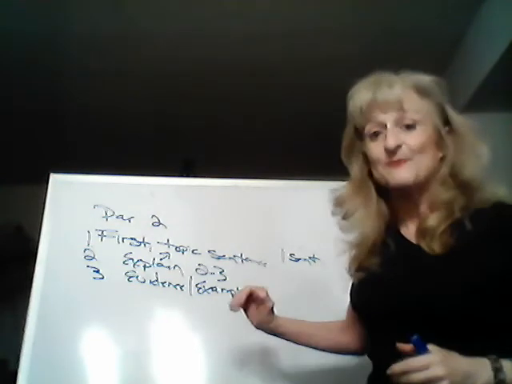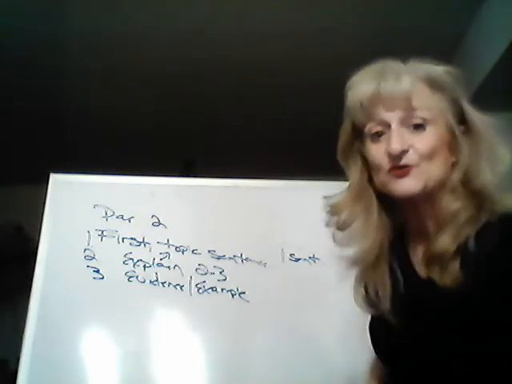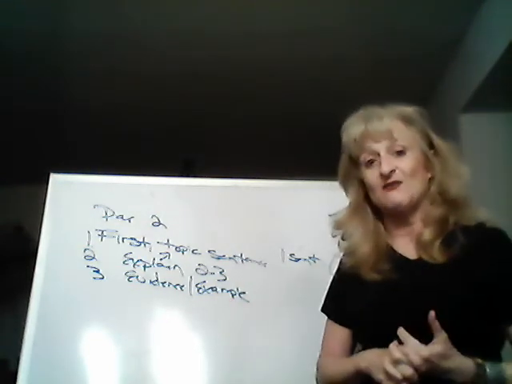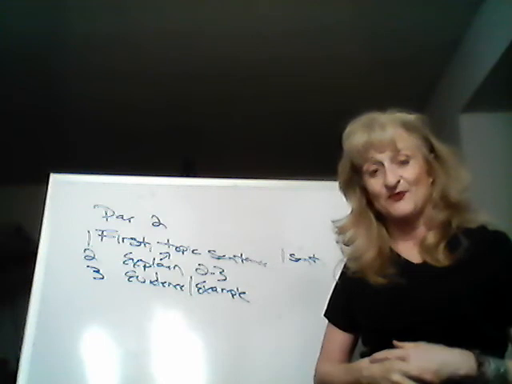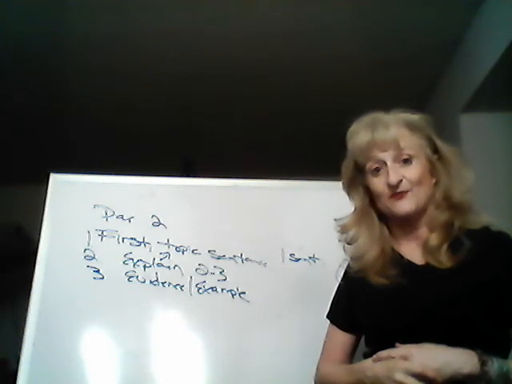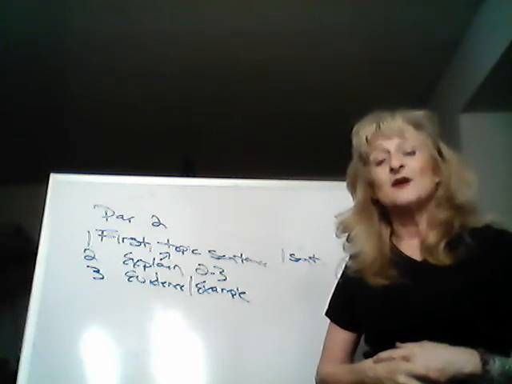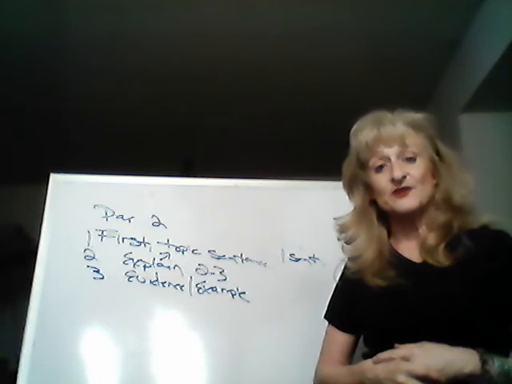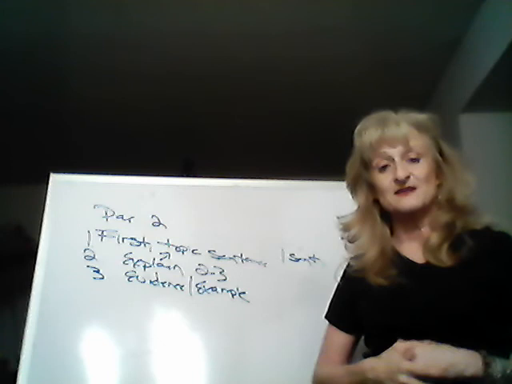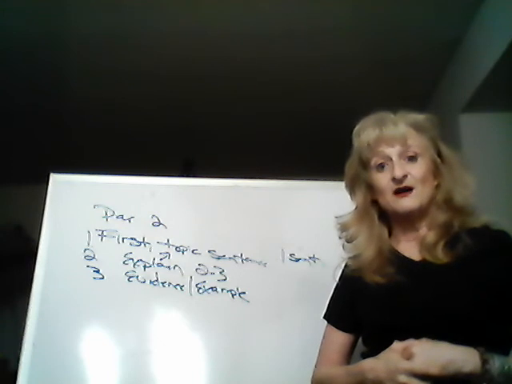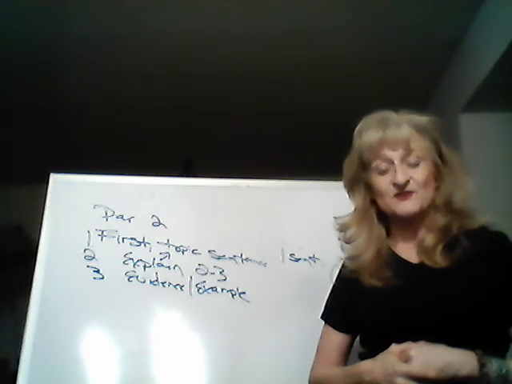So, for example, it would be a huge mistake to talk about how, in this case, my example of Migrant Mother raised the awareness of the plight of farm workers during the Great Depression. And then in each body paragraph, you have a topic sentence that talks about the plight of farm workers in the Great Depression, right?